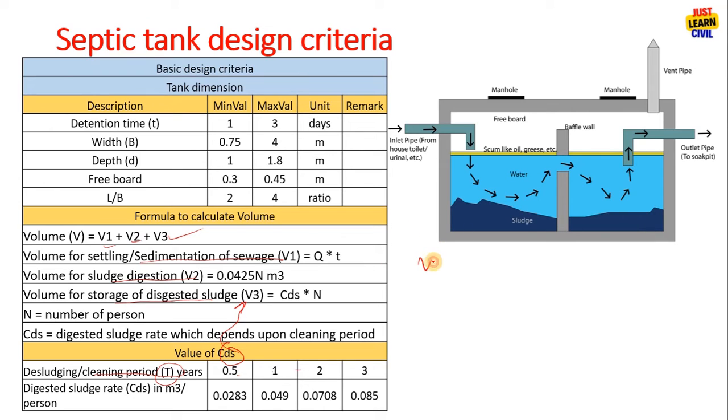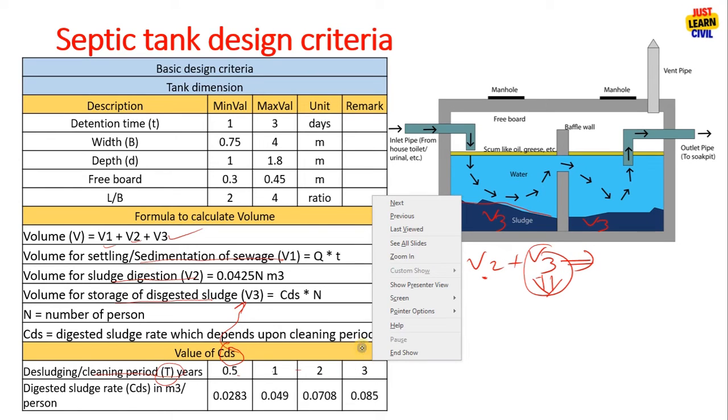So basically we have V1 plus V2 plus V3. V1 is the volume for settling of sewage, and V2 is required for the digestion, and finally after digestion the solid must settle and it is given a separate volume. You can see here this is represented as V3, and the cleaning period is here 1, 2, 3 and 0.5.